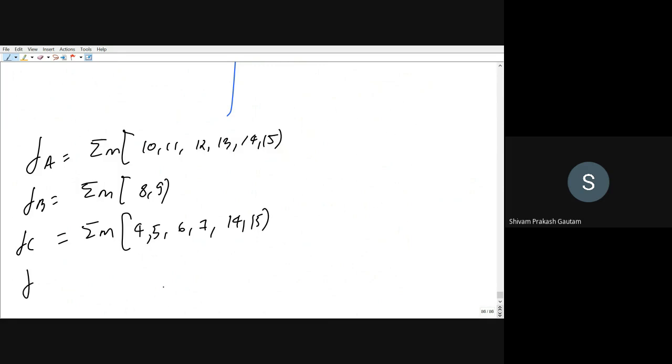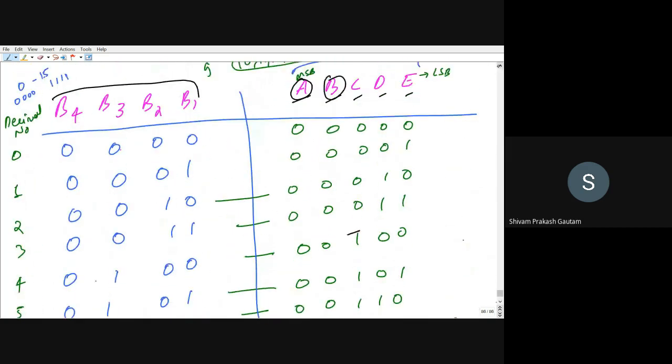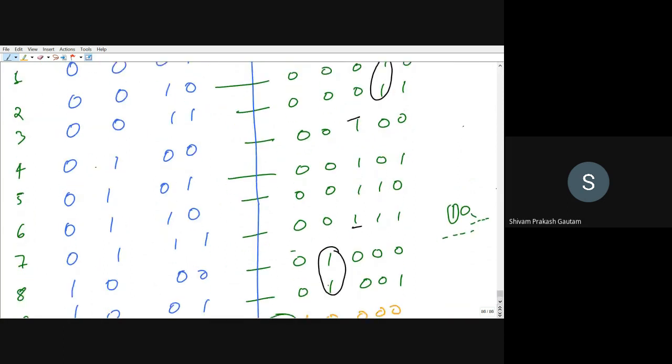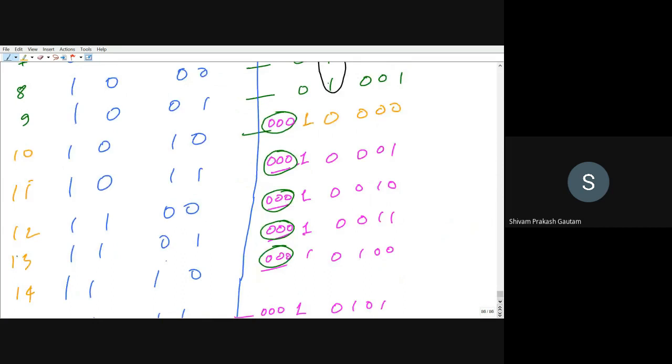So that is A, B, C. Now for D we can write, just see where D is on. D is 1 at 2, 3, then 6, 7, and then 12, 13.